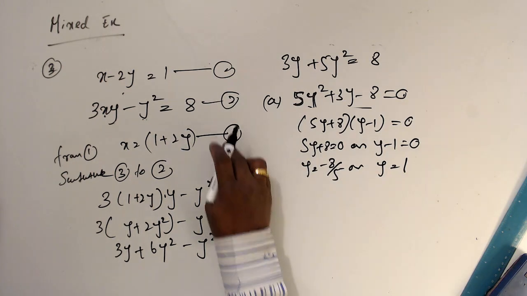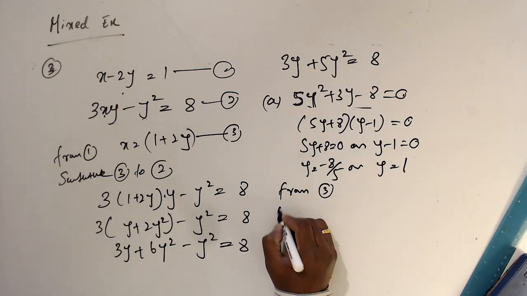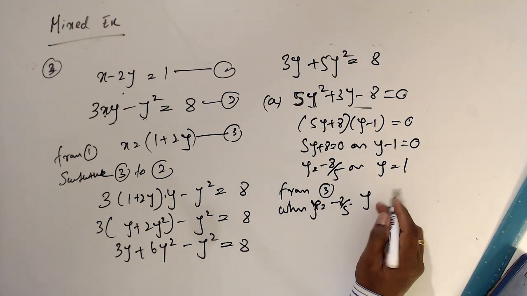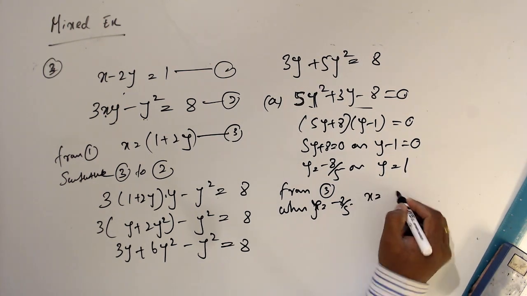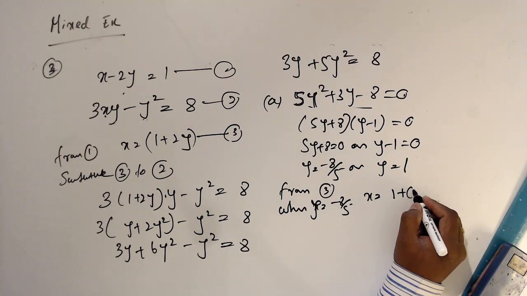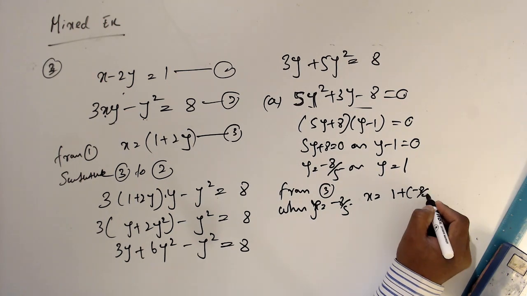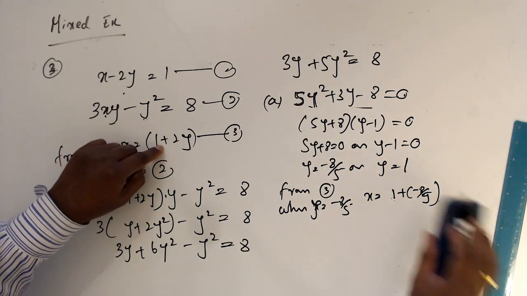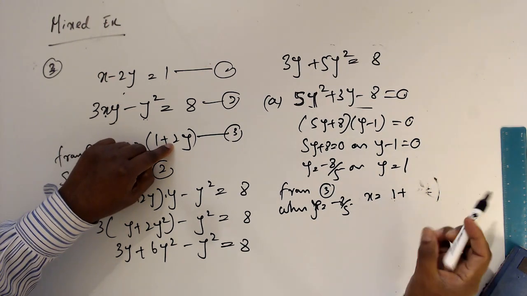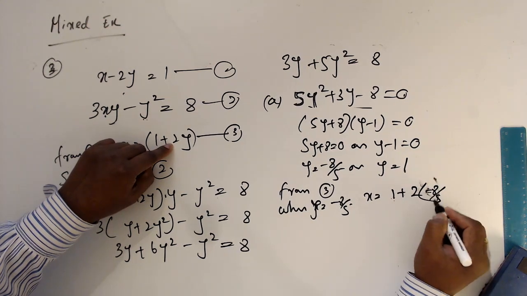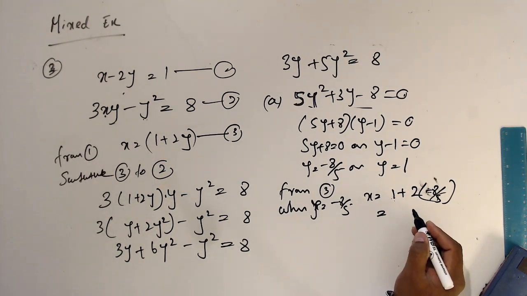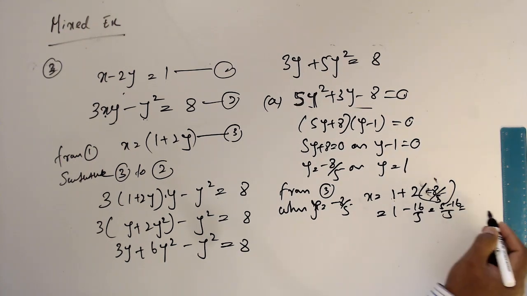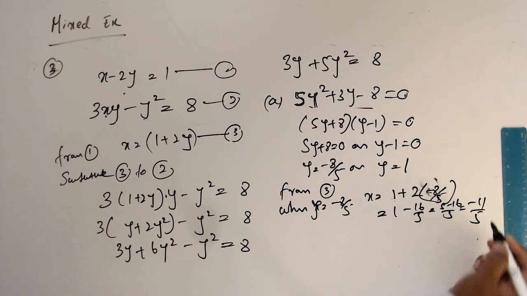We need to find x from equation 3. When y equals minus 8 over 5, x equals 1 plus 2 times minus 8 over 5, which is 1 minus 16 over 5, that is 5 minus 16 over 5, which is minus 11 over 5.